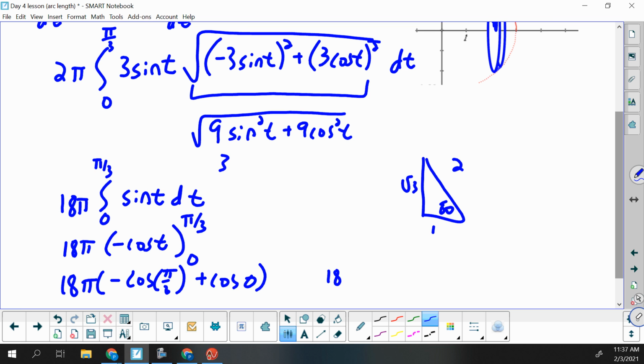So we're just going to have 18 pi times minus a half, and then plus 1. So that'll be a positive half times 18 pi. So in other words, that gives us 9 pi for the surface area.